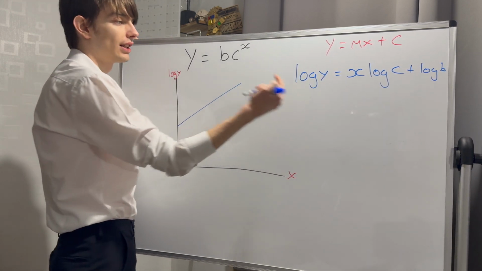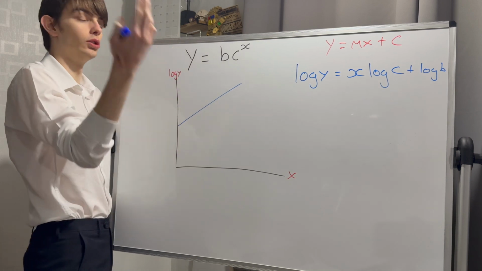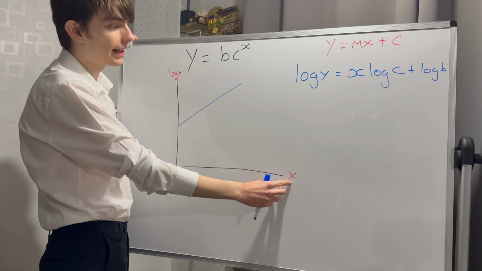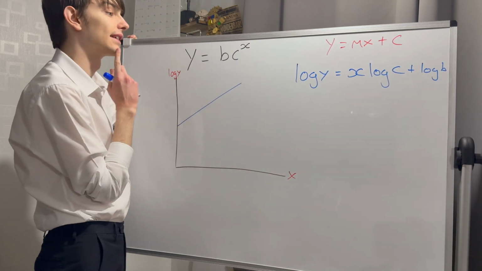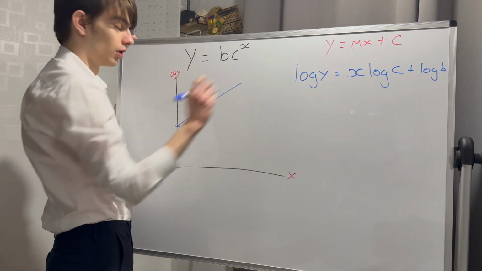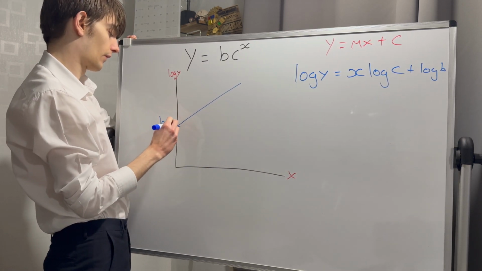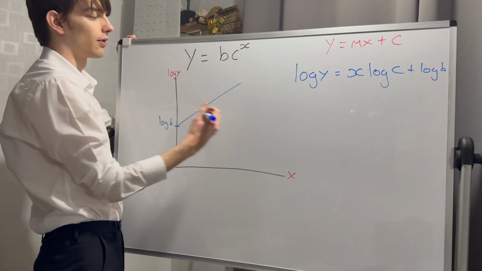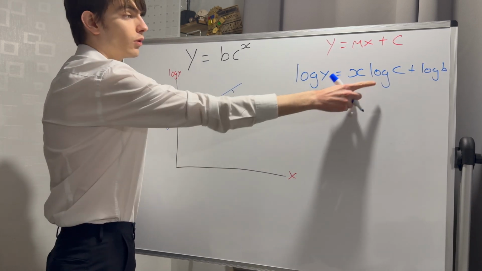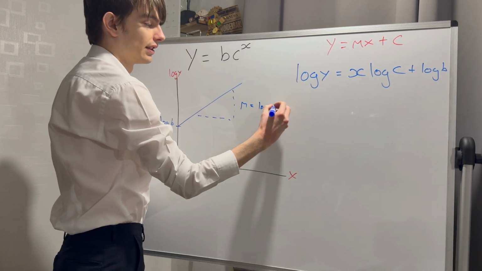Again, I'm going to have to translate all of my y values into log form. But on the x-axis, I've just got x. So x doesn't need to change here. It can just stay as x. And then once again, I'll have a y-intercept of log b. That corresponds to my c. And my gradient m will be equal to log of c.